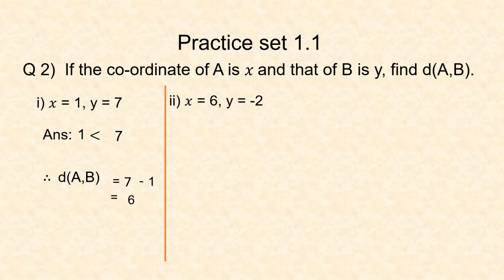Now second example. X is equal to 6 and Y is equal to minus 2. Here compare between 6 and minus 2. Answer is 6 is greater than minus 2. All positive numbers are always greater than all negative numbers. Therefore, distance between point A and B is equal to 6 minus (-2).